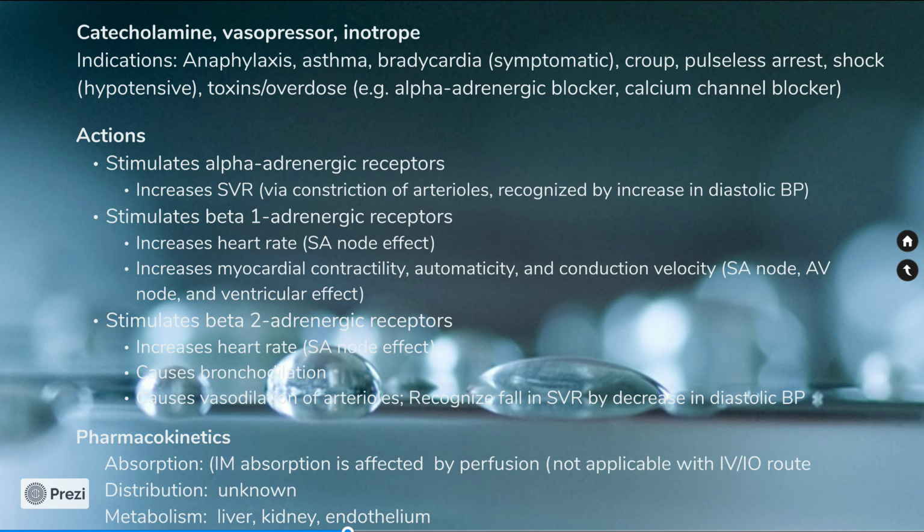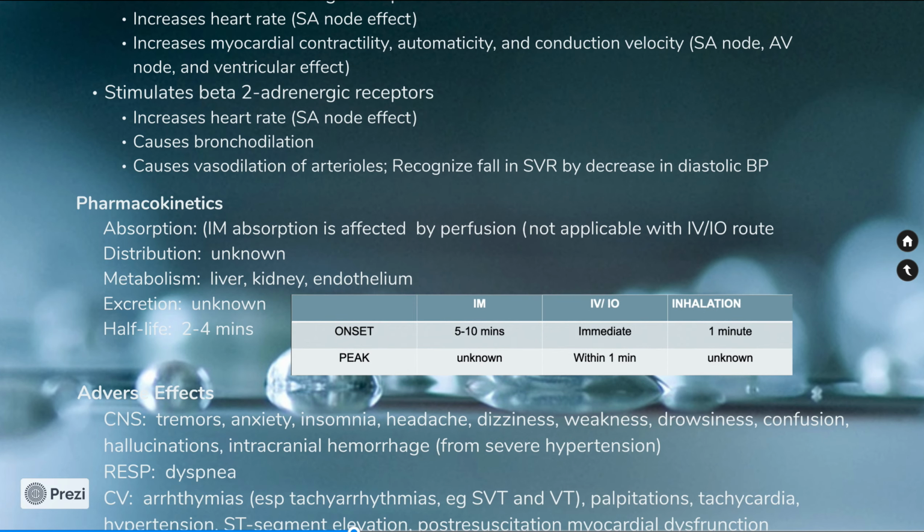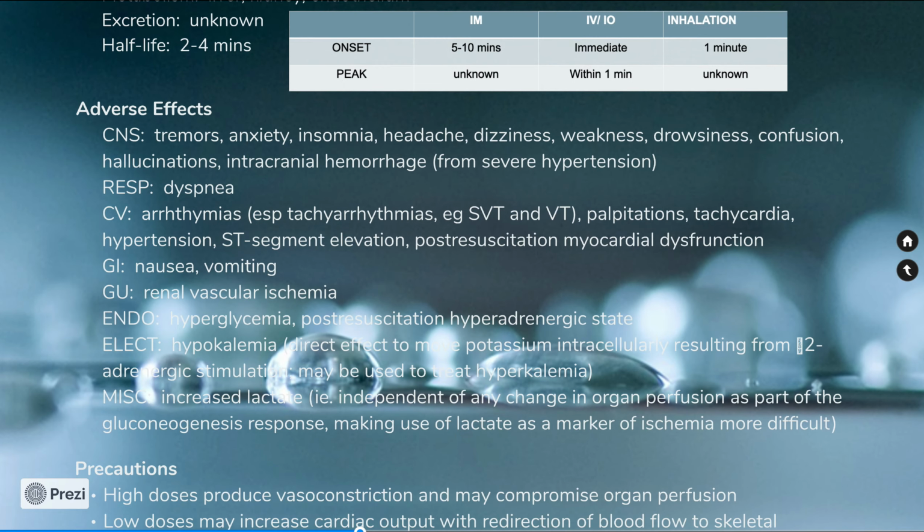So the net effect of epinephrine really is to get the heart running, to get the heart pumping. These are the pharmacokinetic parameters of epinephrine and some of the adverse effects of epinephrine.